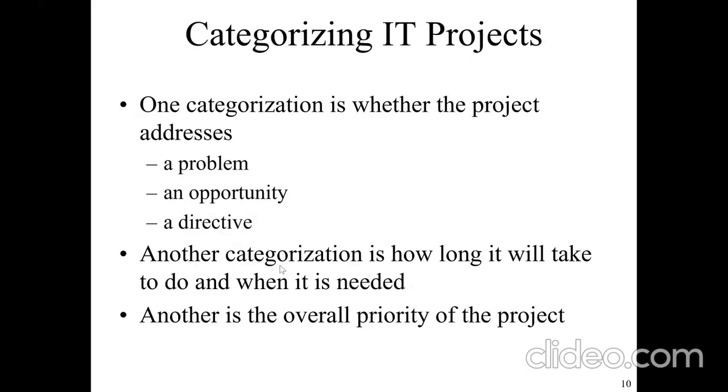So 1, if it's a problem, maybe we have a problem in sending this kind of data in this format. So we need to have a system that actually addresses that problem. And so that is one way we can categorize an IT project.